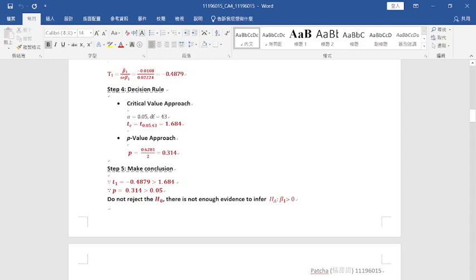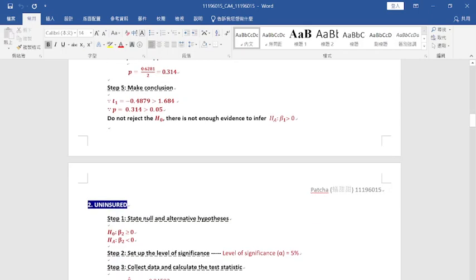So we could say that we do not reject the null hypothesis. For the result, we do not reject.